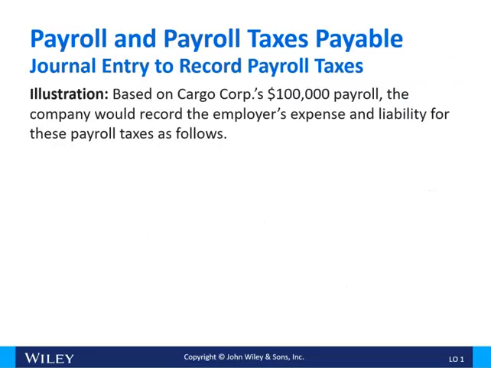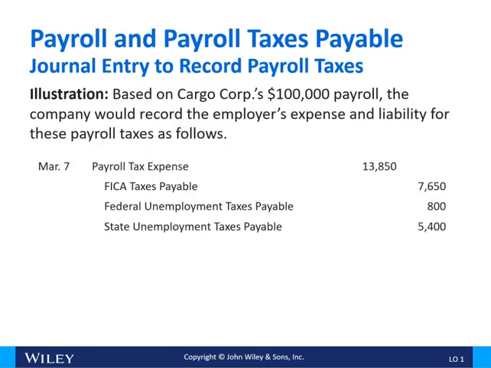Now, based on that $100,000 payroll, the company will record the employer's expense and liability as follows. We're going to debit payroll tax expense. We're going to credit FICA taxes payable, and then we have federal unemployment taxes payable and state unemployment taxes payable. So we record those as well.